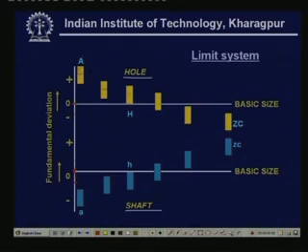These limit systems are denoted by the letters A to ZC, having all 25 divisions, where H is a special case we will come across. Similarly, for shaft we have the same A to ZC, but these are referred to in the smaller letters.